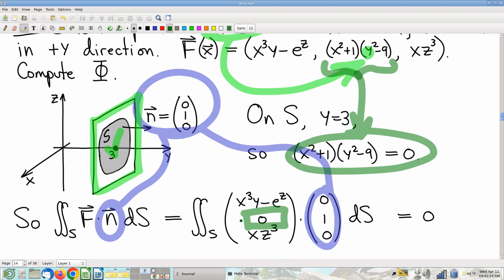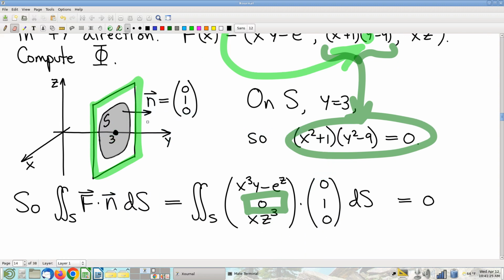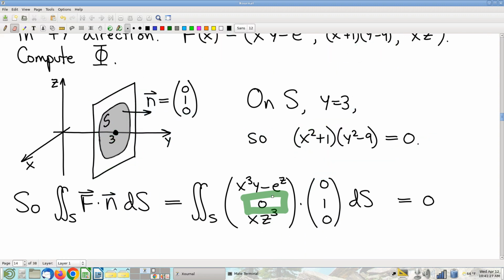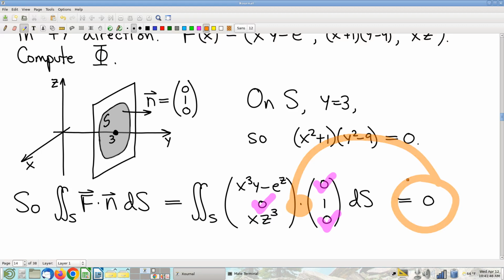So looking down at what we've got in our integral, there's still stuff to be worried about, and there's algebra that hasn't canceled immediately, but I know I've got a 0 there and a 0 there because of the normal vector, and I've got a 0 here because of the value of y, and how about that? My dot product, and therefore my entire integral, is 0. Again, walk away, right? I didn't have to get my hands dirty at all on this question.